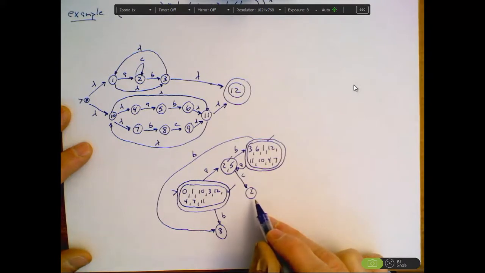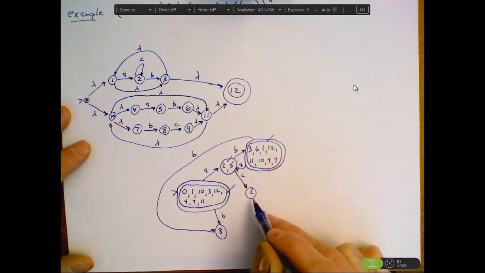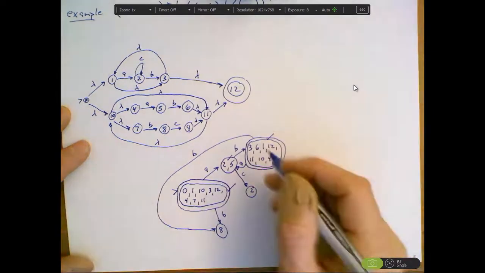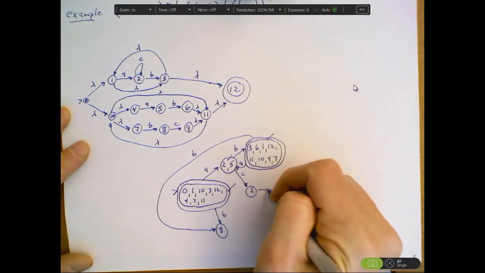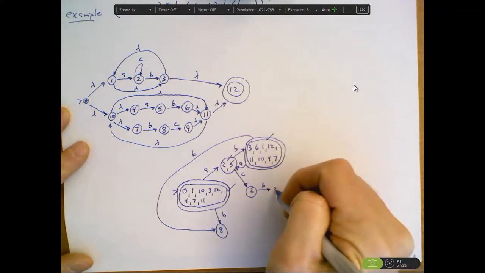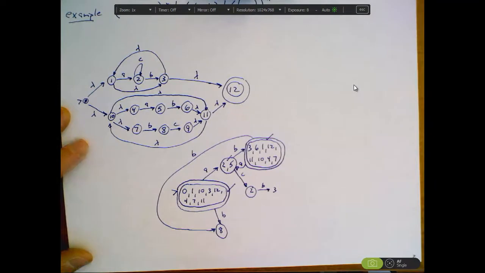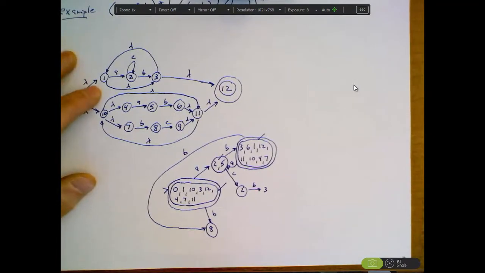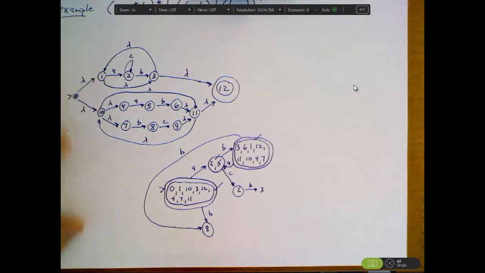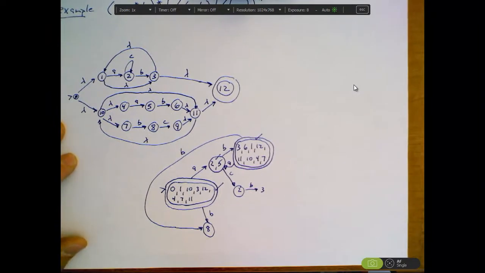State 2 is an easy one to do because there's only one state. It has B and C, I guess, as arcs. So no A, though. So B could go to 3. Could be part of this one, though, but I don't think so. I think it's going to be a separate state. Let me try that out. B goes to 3. I do the lambda closure of that. I'm going to get 1, 3 again, and 12.